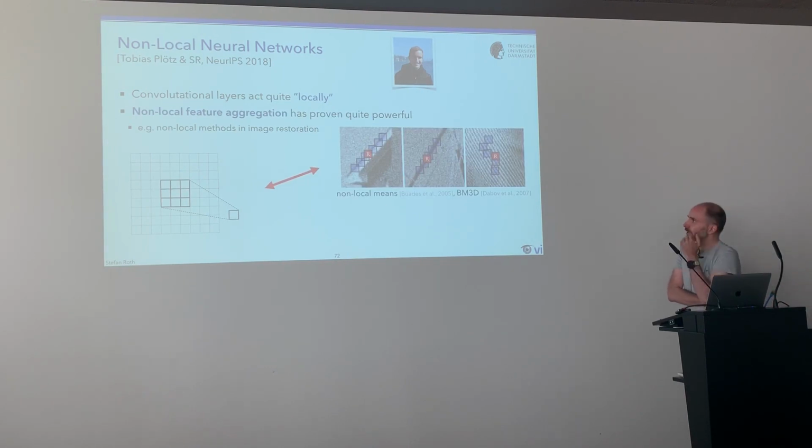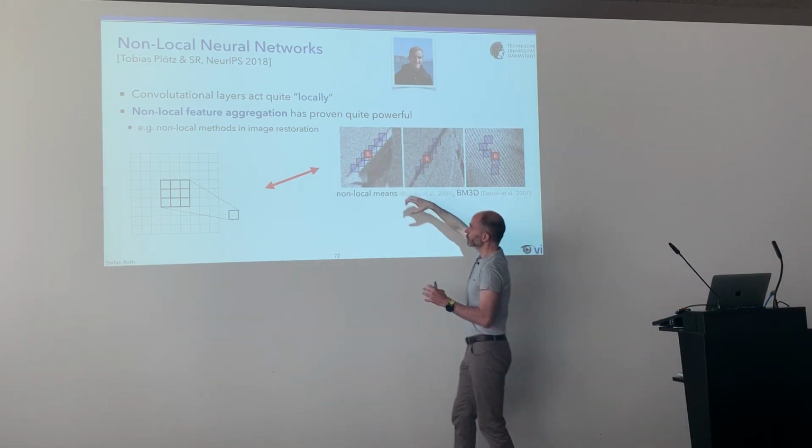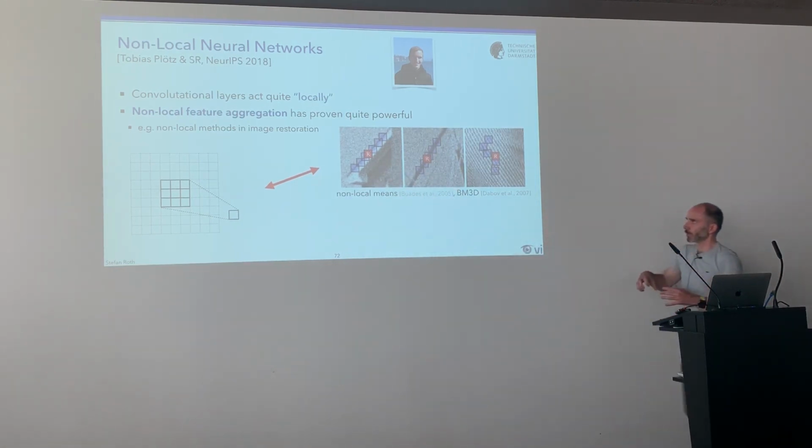But in specific areas of computer vision, for example, in image restoration, this principle of non-local feature aggregation has proven really powerful. So in order to make a prediction about a small patch, you don't just want to look at the evidence from that patch and from the surrounds, but you want to look at similar patches in the input and somehow aggregate the information you have there. But we don't seem to have anything like that in our convolutional networks.